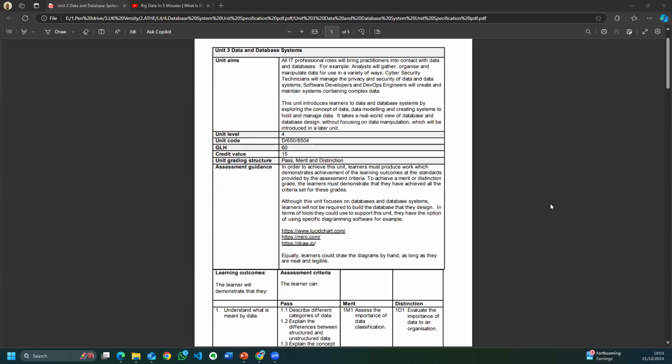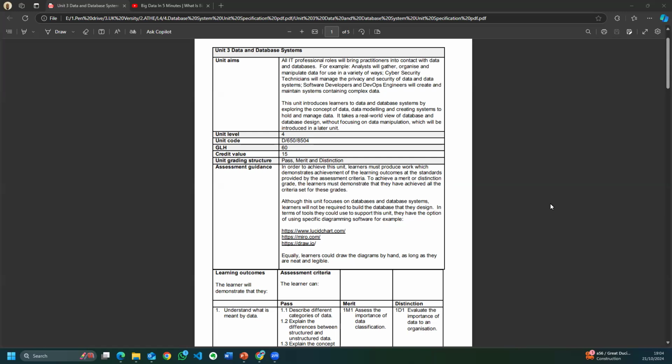So today we are starting our new unit, which is Unit 3, Data and Database Systems. This is a Level 4 qualification, and this is a 15 credit unit, which is going to be added with the other units to make up your 60 or 120 credits.